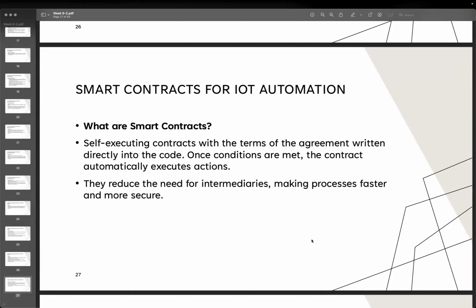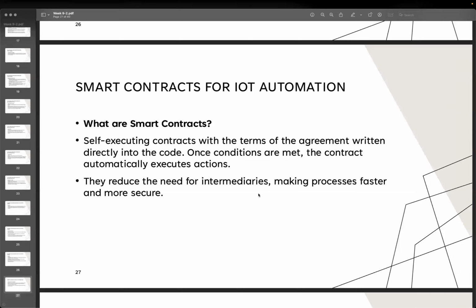Because we can reduce the need for intermediaries. We don't have to send it to a certain party to approve and agree. Once all the conditions are met, we can just execute the contract, making the whole process faster and more secure.